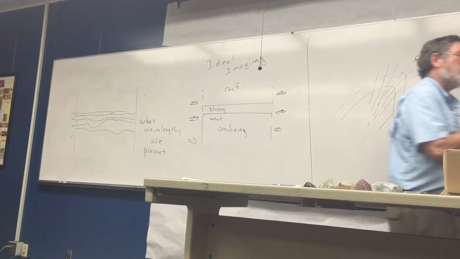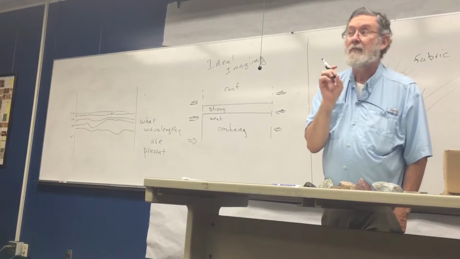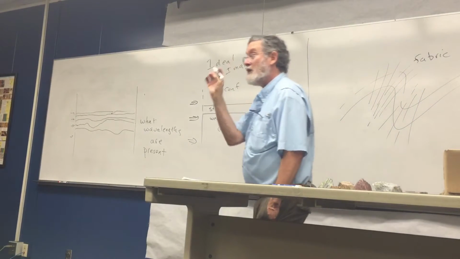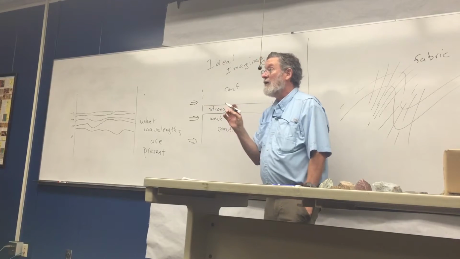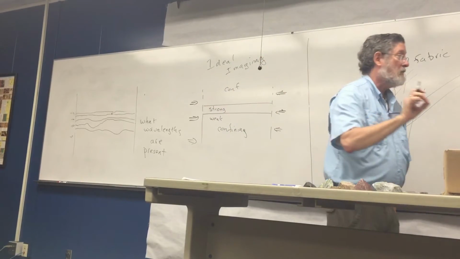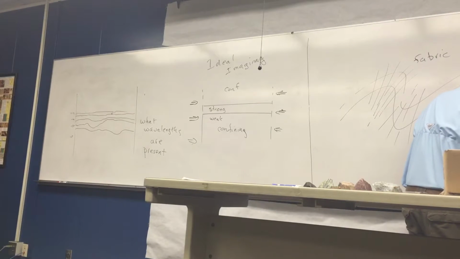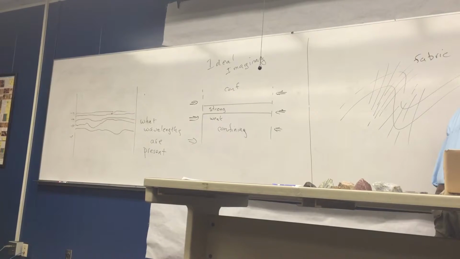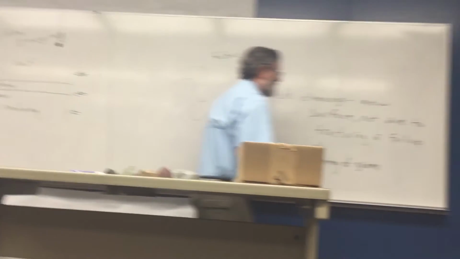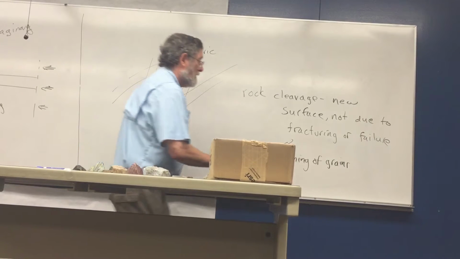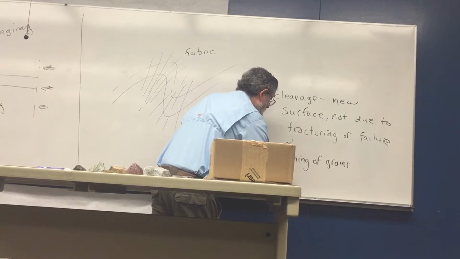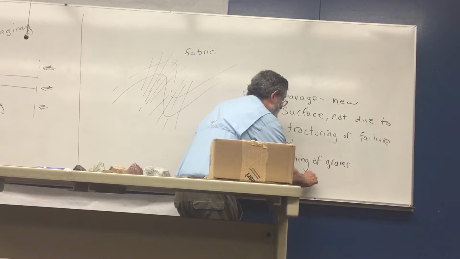It forms either by flattening and changing the shape of grains or growing new materials in the rock itself. So we can form it due to flattening of grains or growth of material.